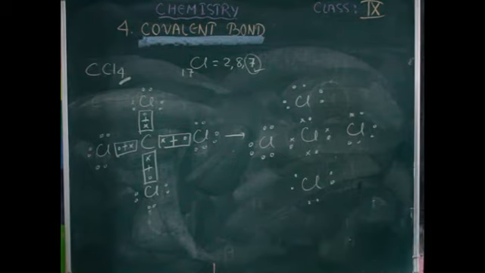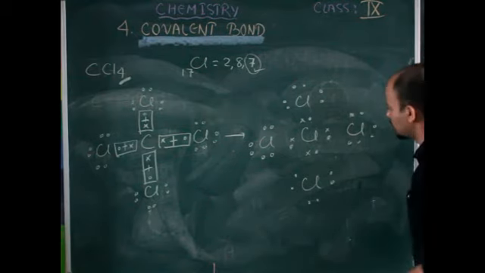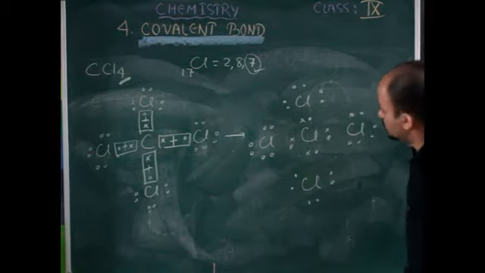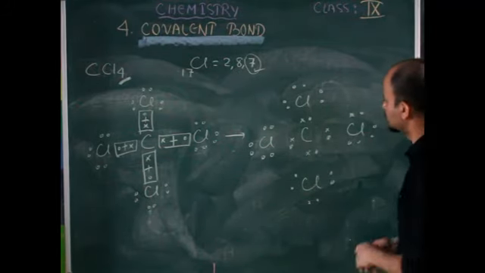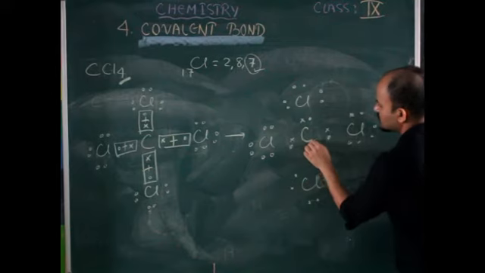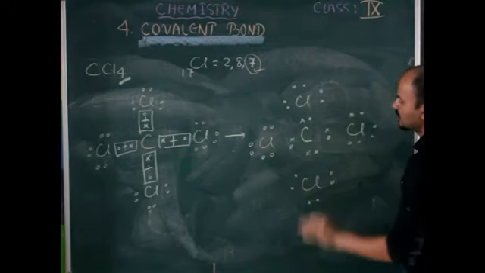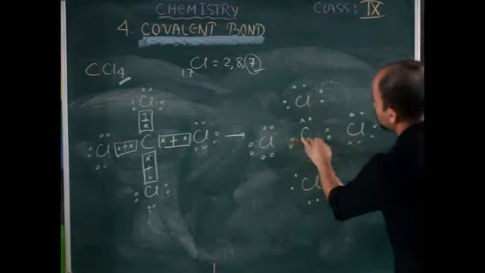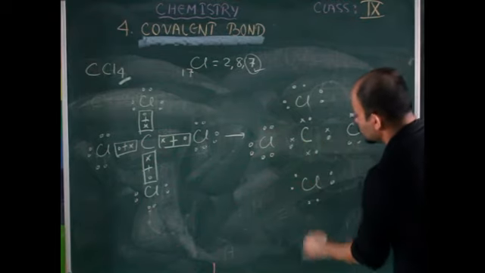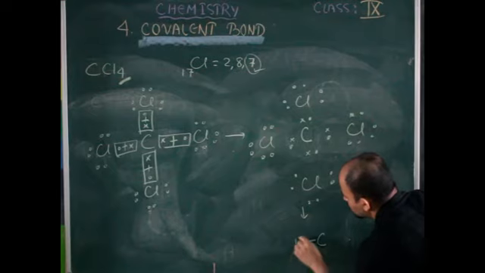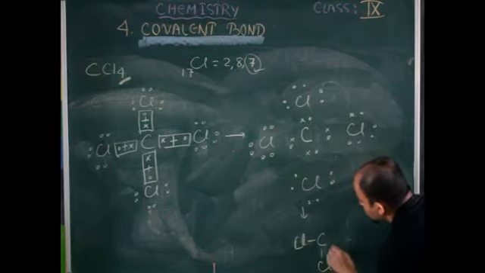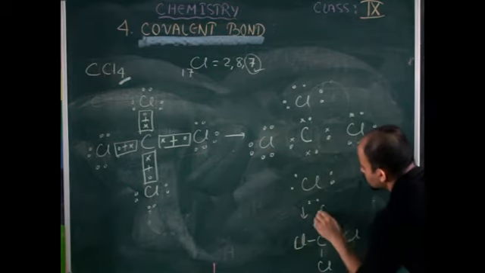Now in the next step, you can show it with this structure where this is not chlorine, this is carbon C. This is not Cl. This is only carbon C, and these are all Cl. Now the bond between carbon and chlorine will be shown in the next step: carbon forming a bond with chlorine. This is chlorine, chlorine, chlorine, and this is also Cl.